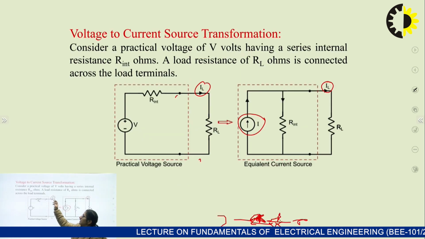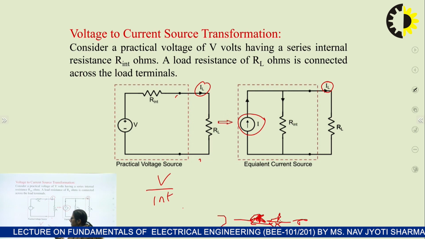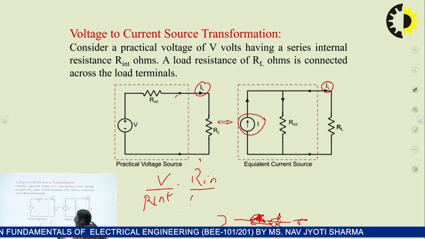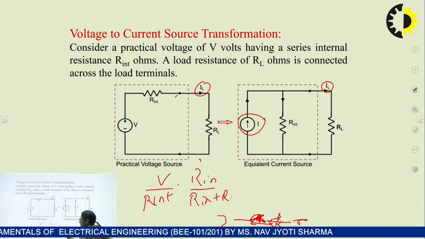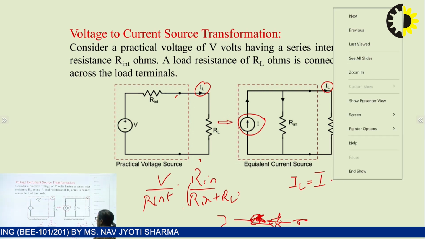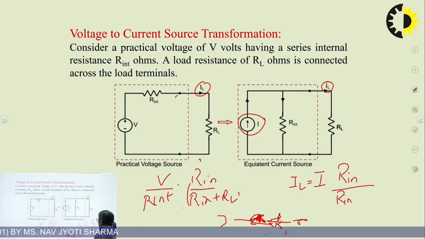IL is given by V upon R internal, times R internal upon R internal plus the load resistance, after simplification. And the expression for IL in the other circuit can be given by the current division rule: IL would be the total current I multiplied by the resistance of the opposite branch, which is R internal, divided by the total resistance.